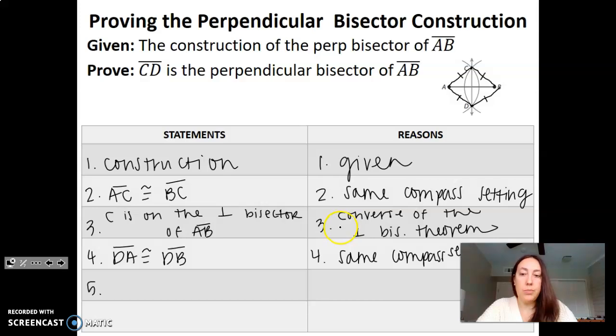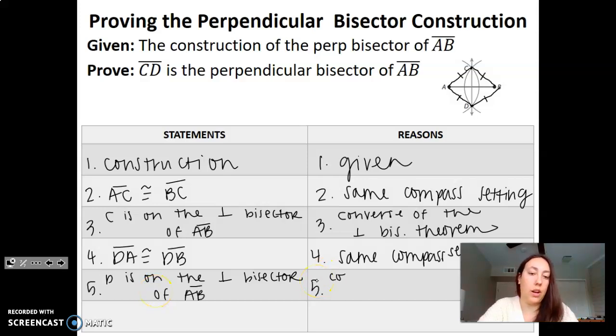So same reasoning as before. These two segments are equal. That means D is an equal distance away from endpoints A and B, which means D is on the perpendicular bisector of segment AB. Same theorem as before as well. That's the converse of the perpendicular bisector theorem.